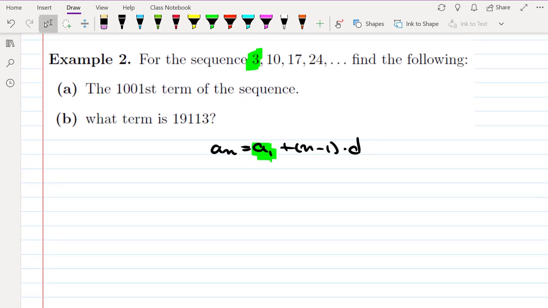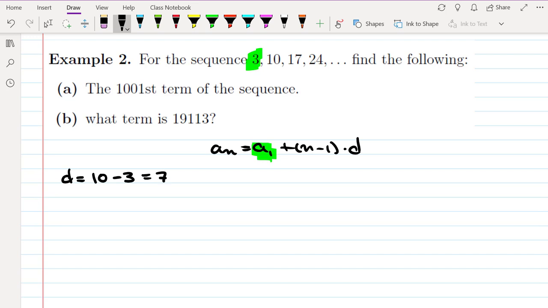As we just did in the previous example, we can find d by subtracting any term from the term that comes after it. So 10 take away 3 gives us d equal to 7.